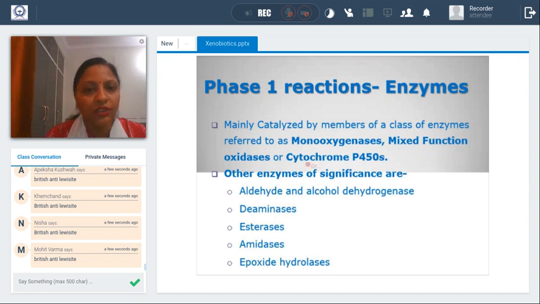Other enzymes of significance are aldehyde and alcohol dehydrogenase, deaminases, esterases, amidases, and epoxide hydroxylases. So the important enzymes involved in oxidation are monooxygenase, mixed function oxidase, or cytochrome P450.